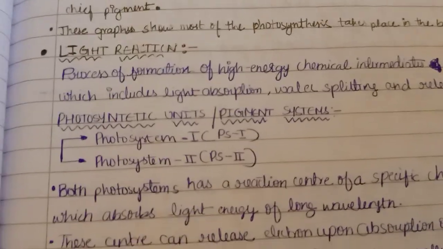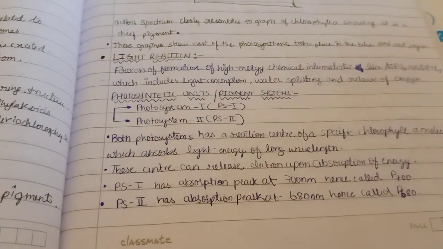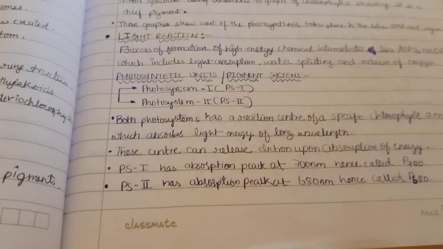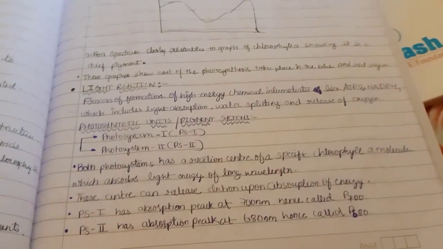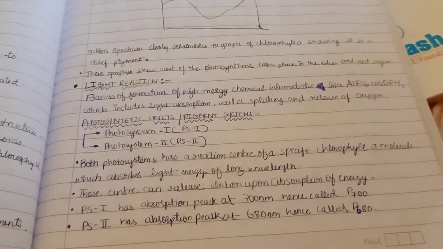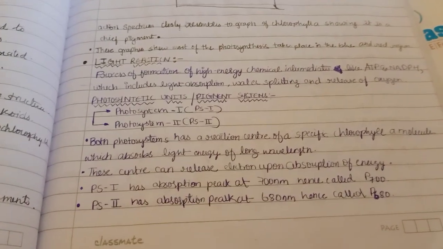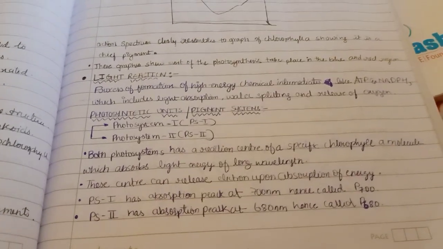Now, photosynthetic units or photosynthetic pigments are of two types, photosystem 1 and photosystem 2. Both photosystems have a reaction center of specific chlorophyll a molecule which absorbs light energy of long wavelength. This center can release an electron upon absorption of energy.